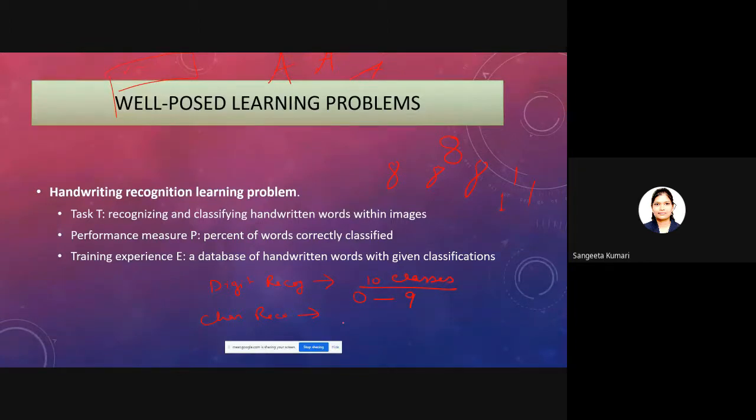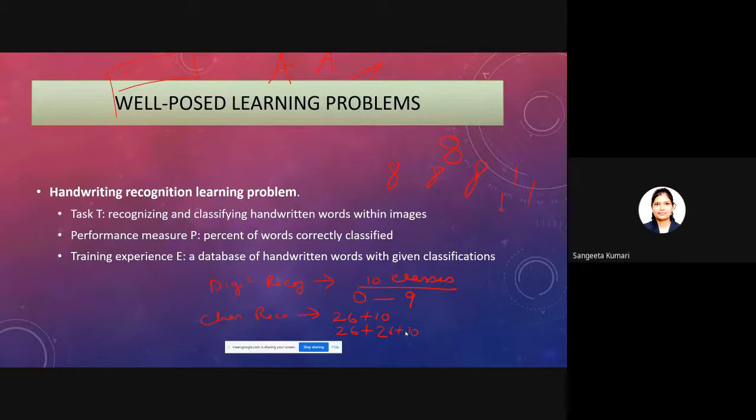If it is only capital letters along with digits, then 26 plus 10 would be the number of classes. If it is small and capital, then it is going to be 26 plus 26 plus 10. These many classes would be there. Like this, complexity will increase. So this is all about the handwriting recognition learning problem.